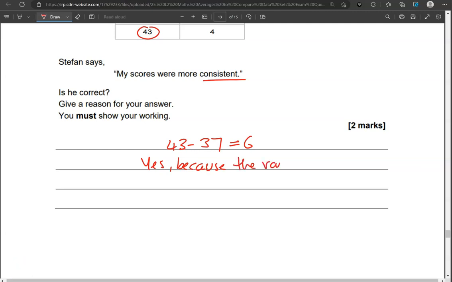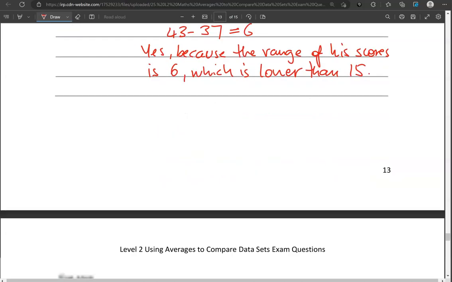The range of his scores is 6, which is lower than 15, or lower than Eve's.